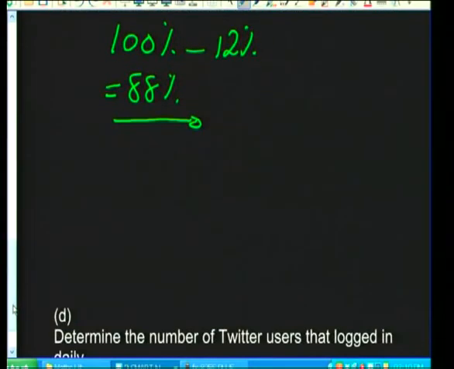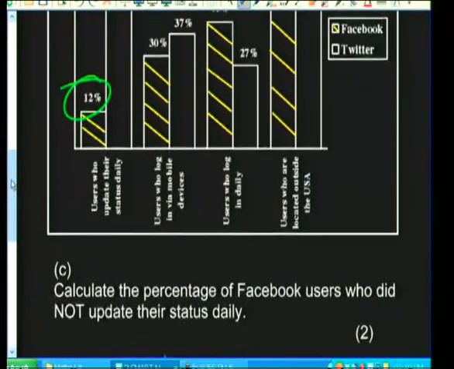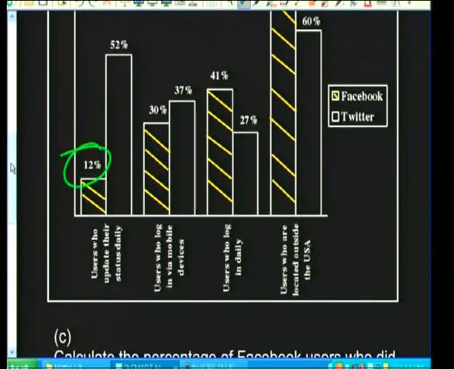Okay. Next question. Determine the number of Twitter users that logged in daily. The number of Twitter users that logged in daily are going to be over here, and there are 27% of them. Straightforward question, nothing difficult. 27%.